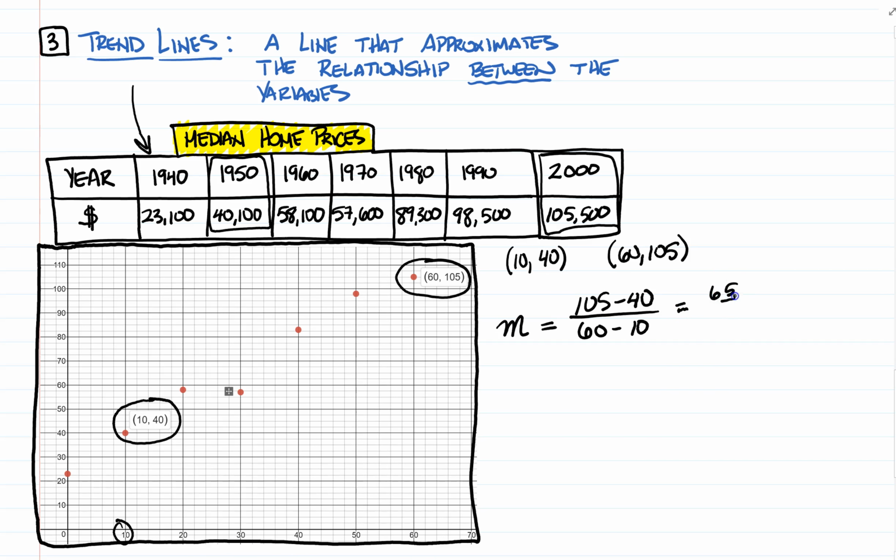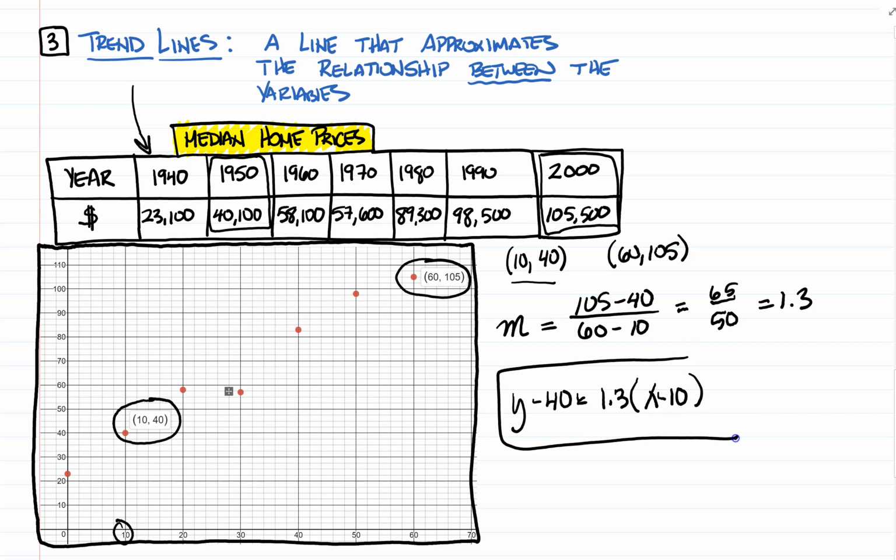And then 60 take away 10 is worth 50. If I take 65 and divide by 50, I get 1.3. So I could write an equation in slope or point slope form. I could choose this one, for example. So I'd say y minus 40 is now equal to the slope, which is 1.3, times x minus 10.